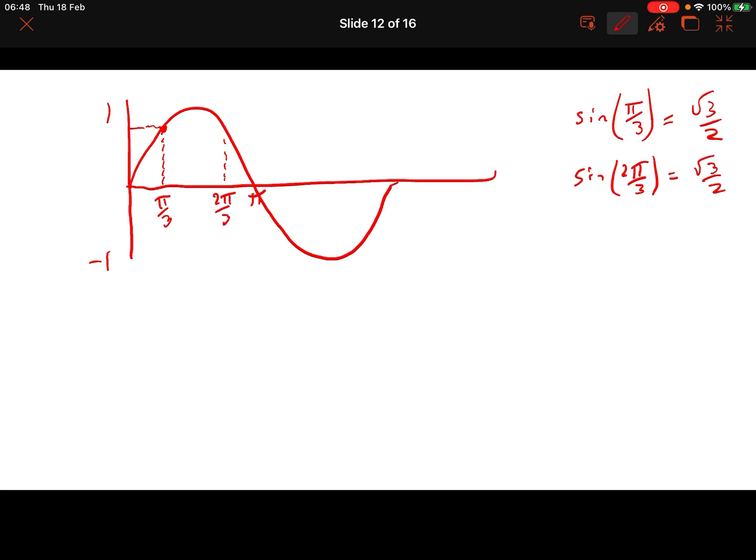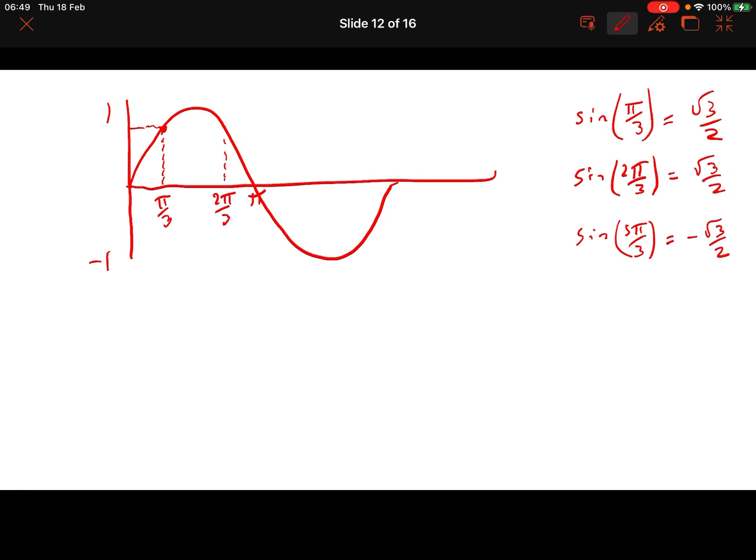Then we need sine of 5 pi over 3. So I would say that would be sine of 5 pi over 3. Hang on a minute, just trying to think for a second. I think that will be minus root 3 over 2. Okay, because where would that be?